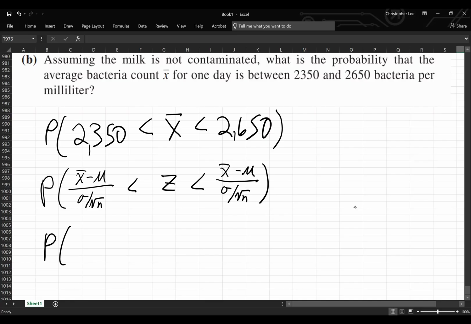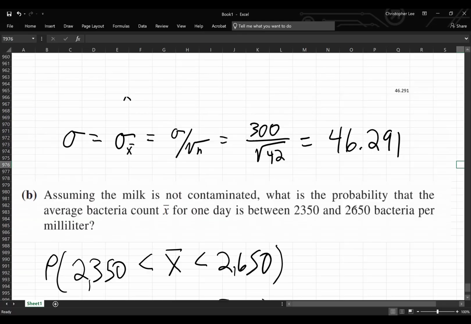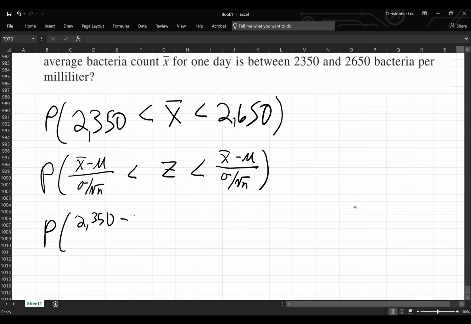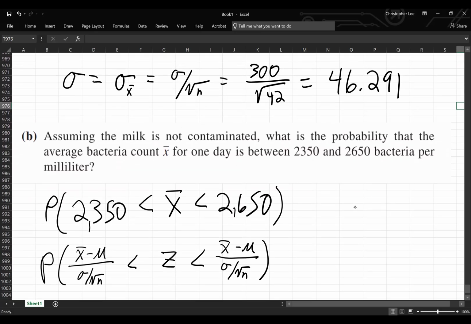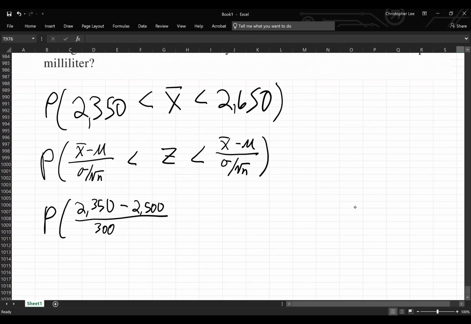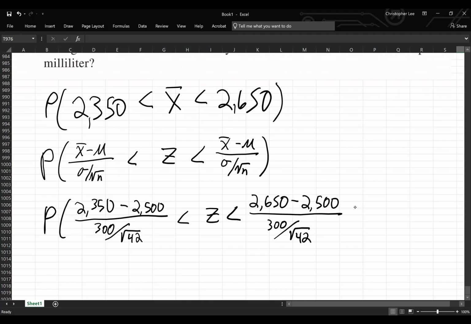Probability of 2,350 minus the mean, which I forgot what that is, 2,500, divided by the standard deviation, which in our case is 300 over the square root of 42, less than z, less than 2,650 minus 2,500 all over 300 over the square root of 42.